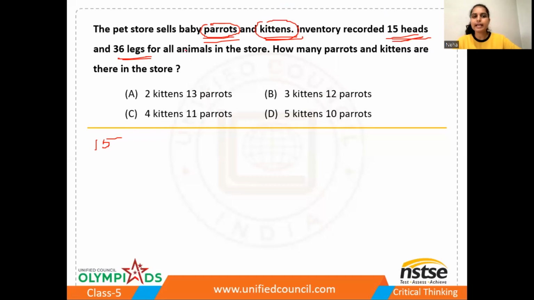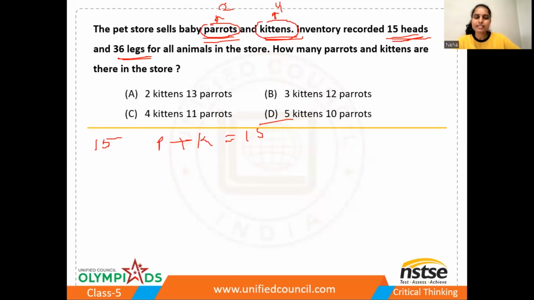And 36 legs: as we know, a parrot has 2 legs and a kitten has 4 legs. That means the total number of legs is 36. So the number of parrots plus the number of kittens is equal to 15. The question is asking how many parrots and how many kittens there are in the store. The question is quite interesting.